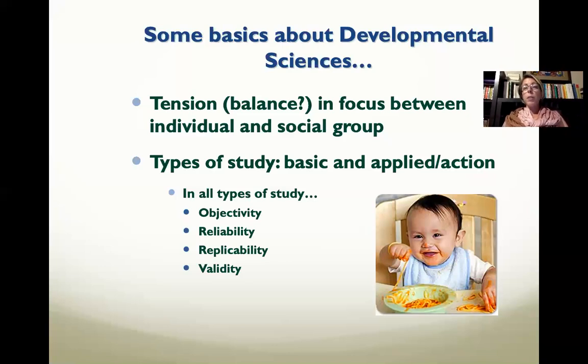We have a replicability crisis in psych in general. Not a lot of people are able to reproduce the exact findings of other studies. This is in developmental science as well. And so it's partially a problem to look at how replicable some of these findings might be.